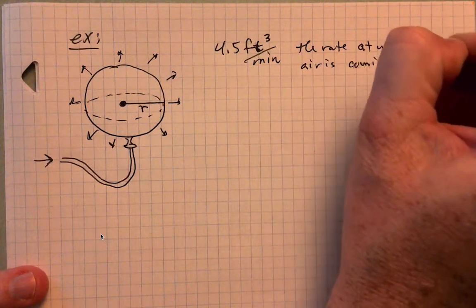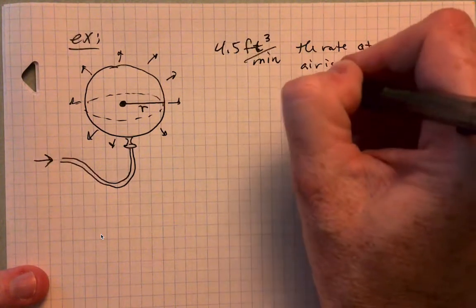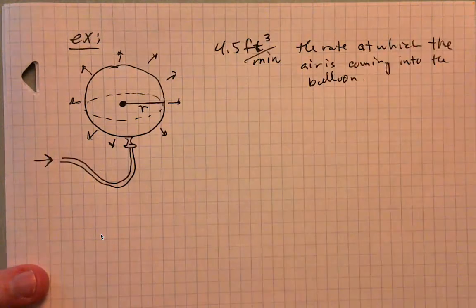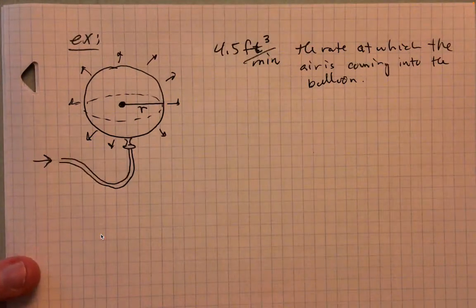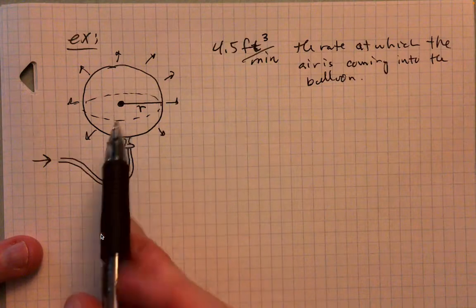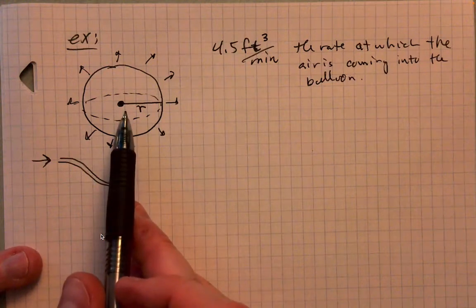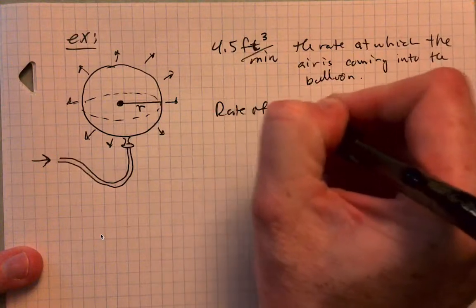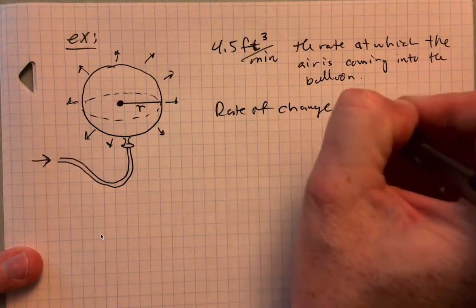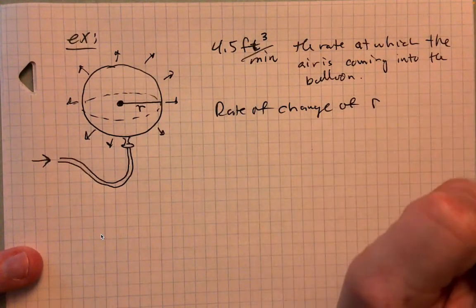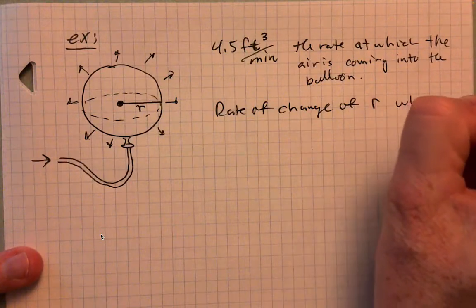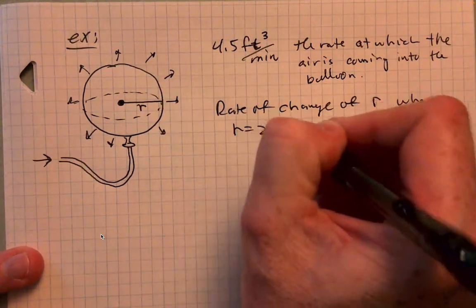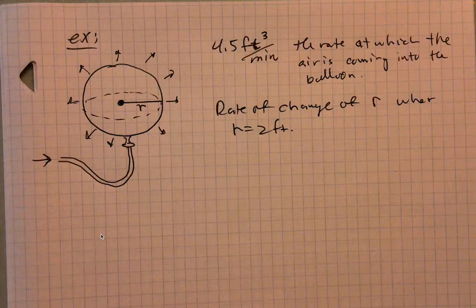Okay, so we've got that piece of information. And what we're interested in is we want to know what is the rate of change of the radius when the radius is 2 feet. So when the radius expands to 2 feet, what's the rate of change of the radius? So how fast is it expanding?